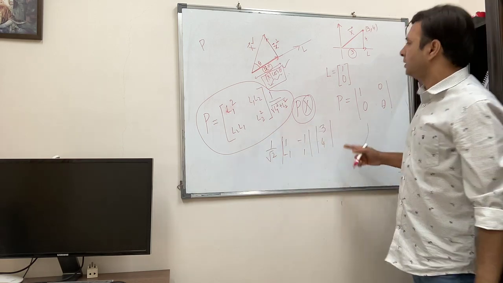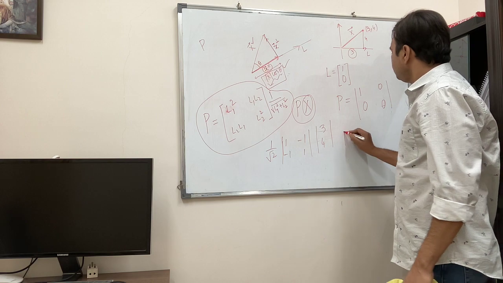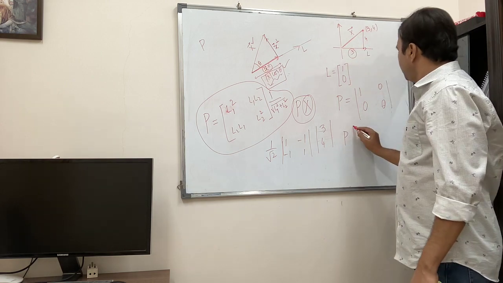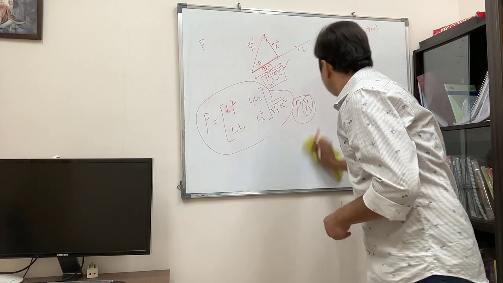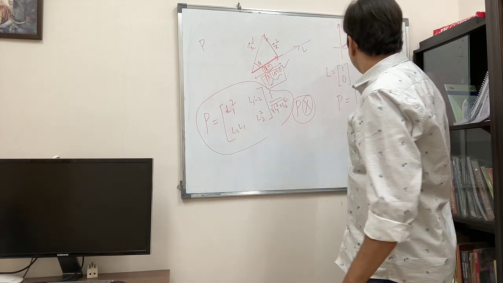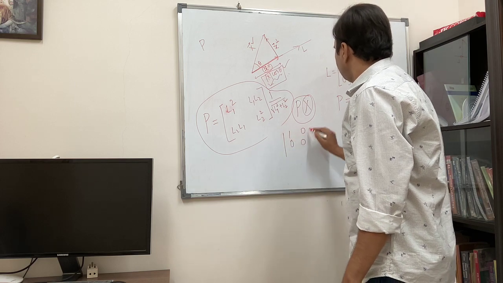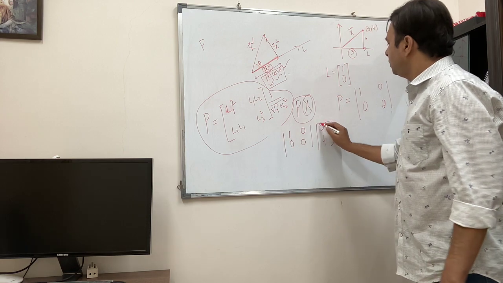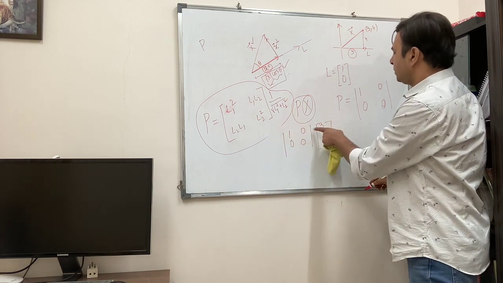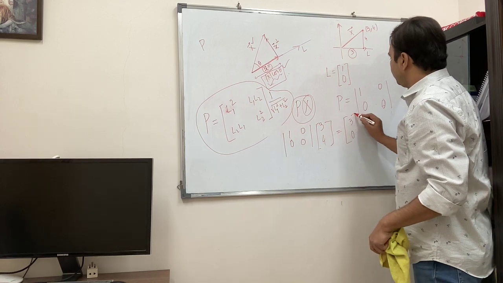Now if you do P times (3, 4), that is (1, 0; 0, 0) times (3, 4). What do you get? 1 times 3 is 3 and everything else is 0, so you get (3, 0).